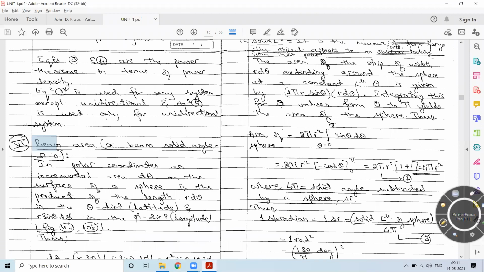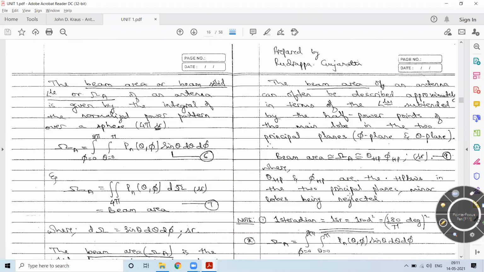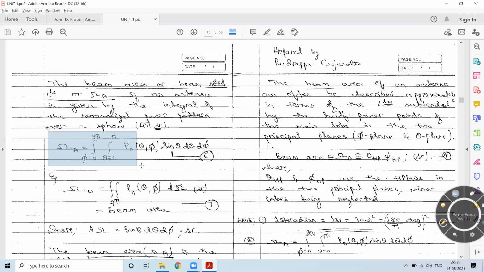So we discussed the beam area or beam solid angle, which is given by omega A. If I want to obtain the beam area of any particular pattern, then I should know its power pattern. I should normalize it and then utilize it in this equation.